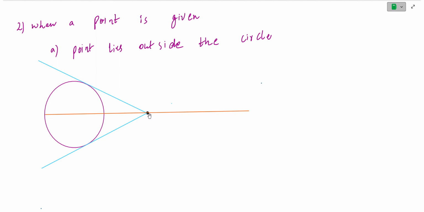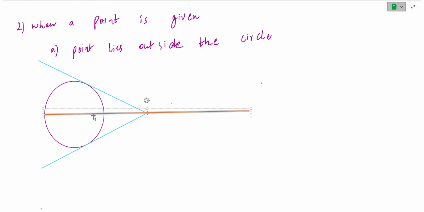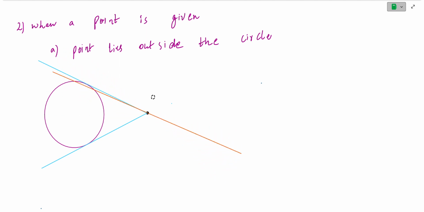Through a given point, I can draw infinitely many straight lines passing through it. Those straight lines can be in this way. I have selected this orange colored line, and I'm rotating it. These are all the possible cases.